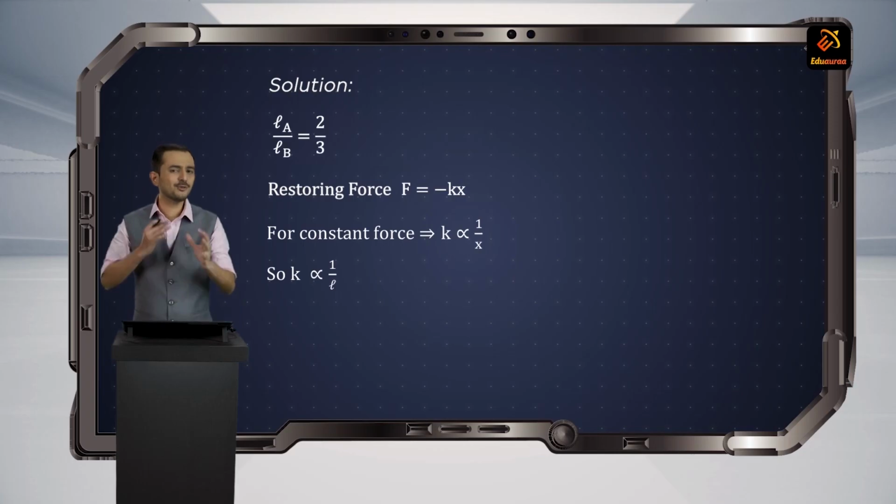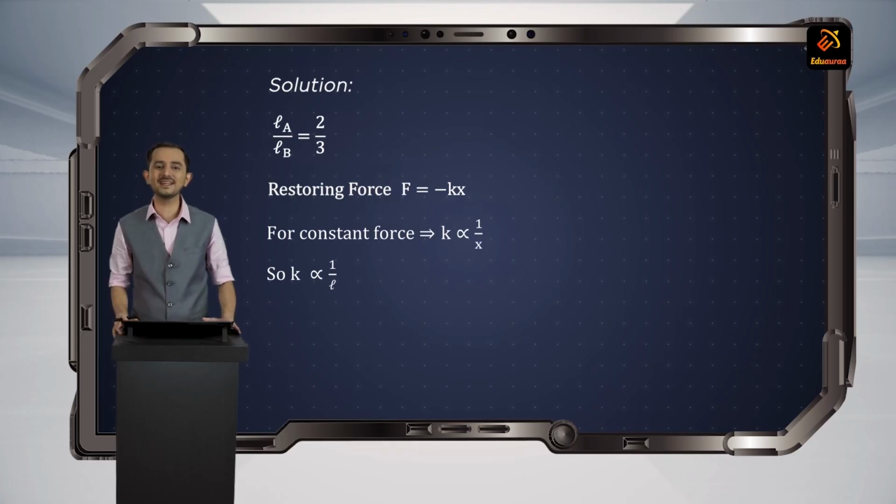Students, we have to find the value of Ka in terms of K. So we are going to compare part A of the spring with the entire spring. In the case of a spring, the spring constant K will be inversely proportional to the length of the spring, isn't it?